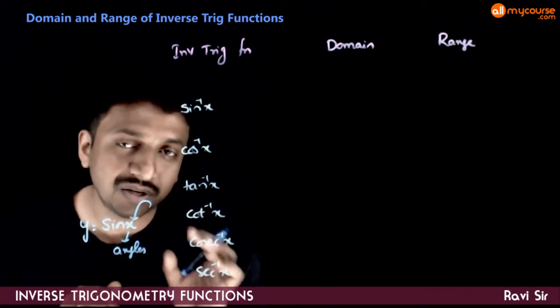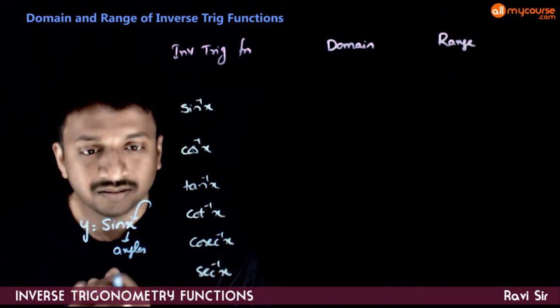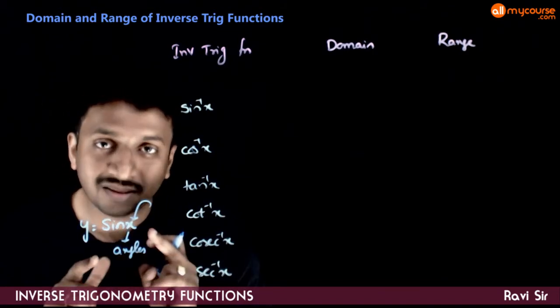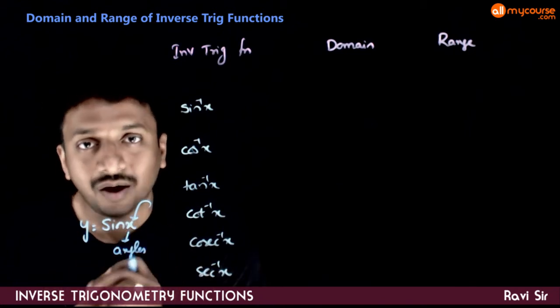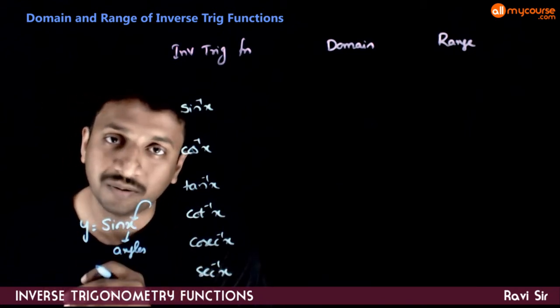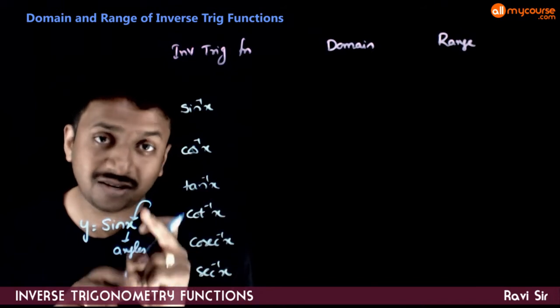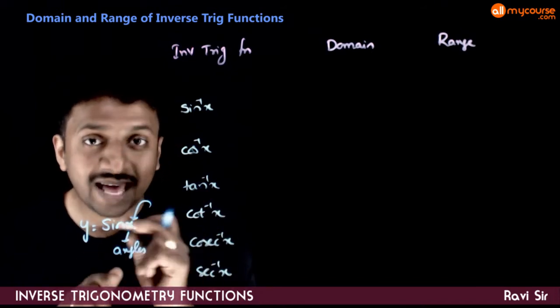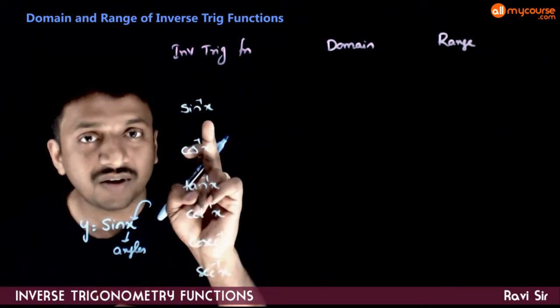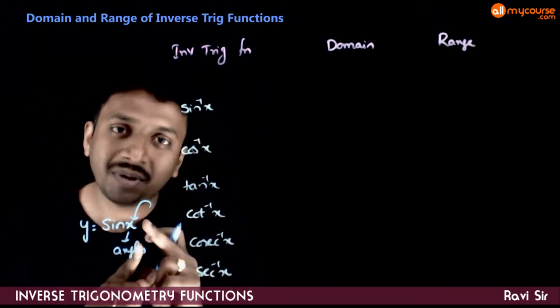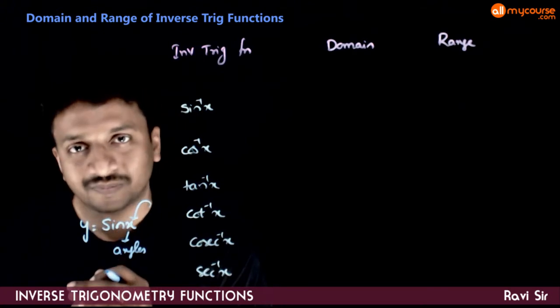That is, it gives out some numbers. If you put pi by 2 within the function sine, it gives out the value of 1. Sine pi by 2 is 1. So the sine x trigonometric function takes in angles, gives out numbers. These inverse functions take in numbers and give out angles.